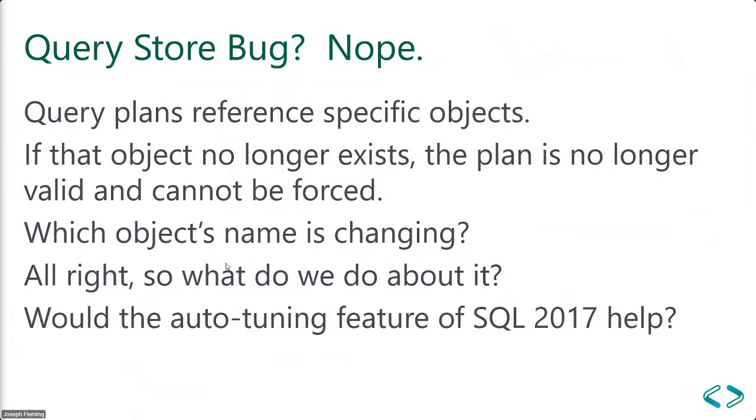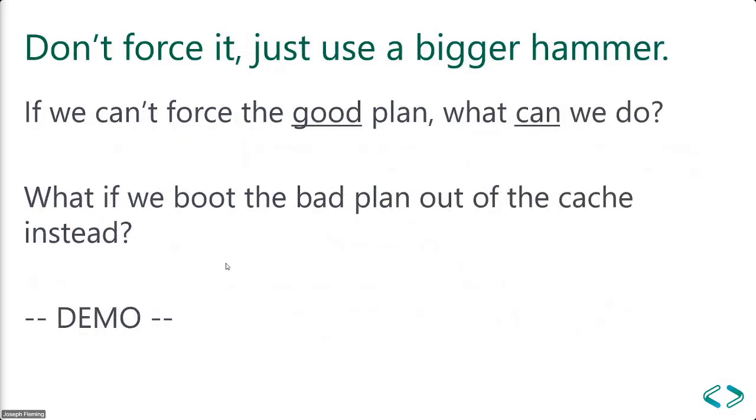So what can we do about the fact that that object's name is changing? Could we fix this if we used the auto tuning feature of SQL Server 2017, right? We've got SQL Server 2017. We could turn auto tuning on, but we can't force it.